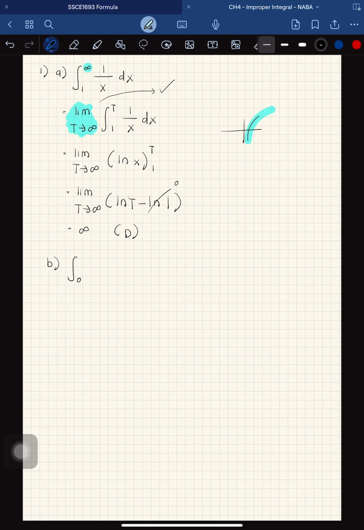Okay, for B, integrate from 0 to infinity of x e to the negative x dx.